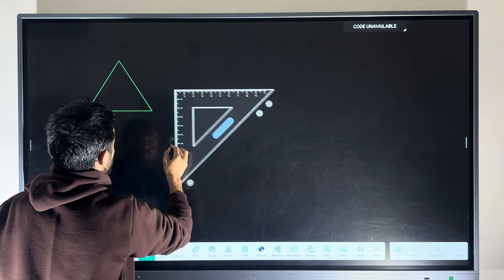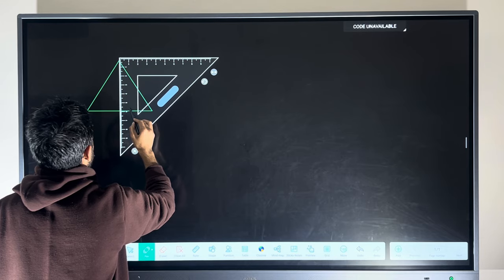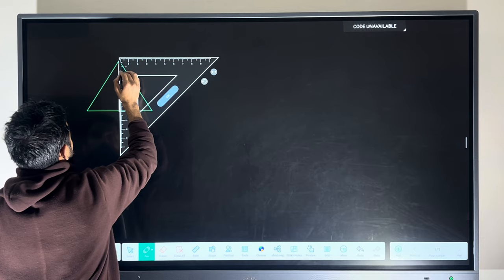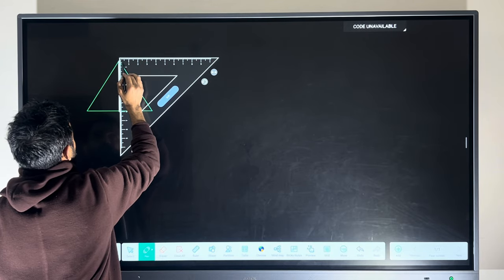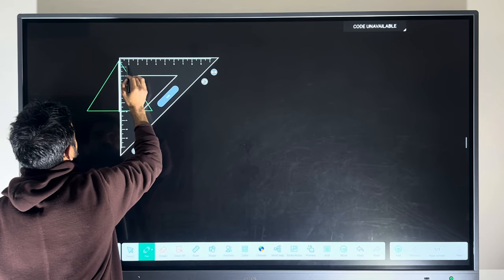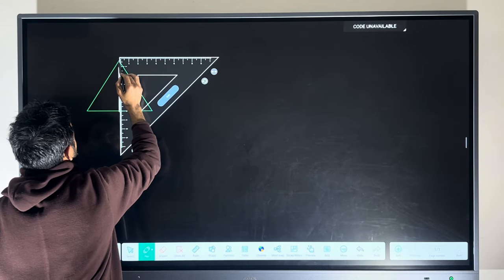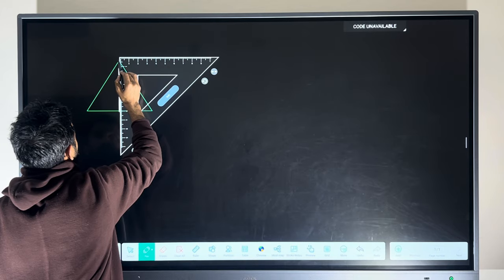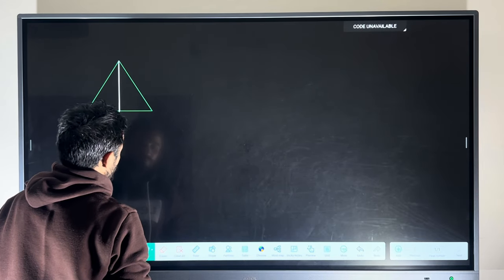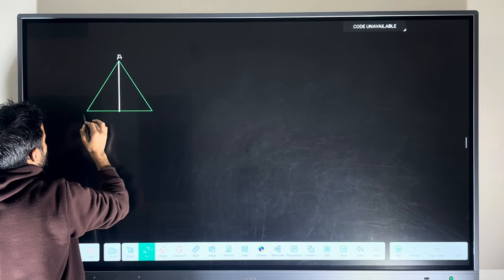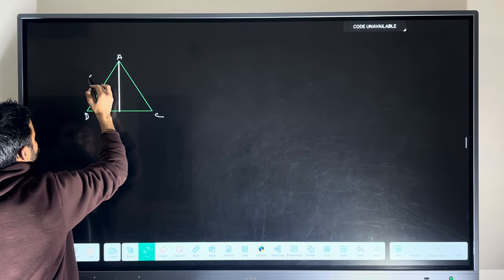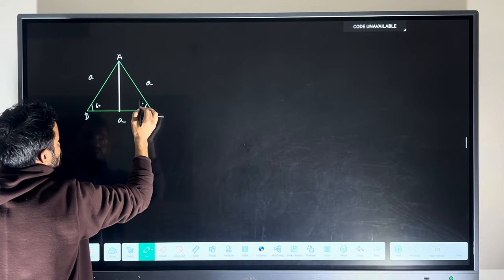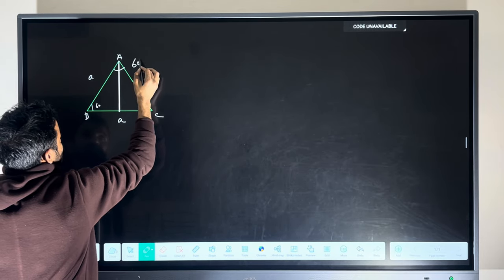Suppose ABC is an equilateral triangle. We know that in an equilateral triangle all sides are equal, this is A and A, and all angles are equal, that is 60, 60, and this whole angle is 60 degrees.